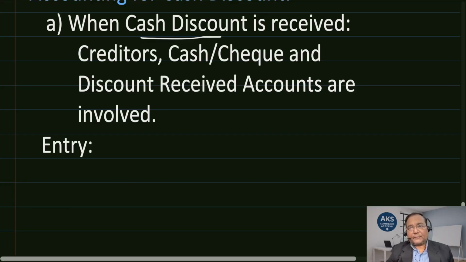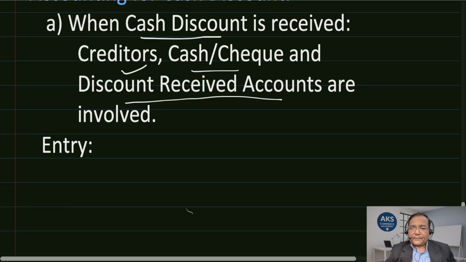Now there is the creditor, and cash, or if the payment is made by check, accordingly entered. When we are making the payment and availing cash discount, it is discount received. When we are receiving payment and allowing discount, it is discount allowed. So this is how the entry is.